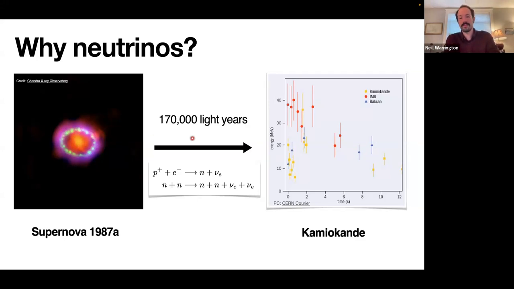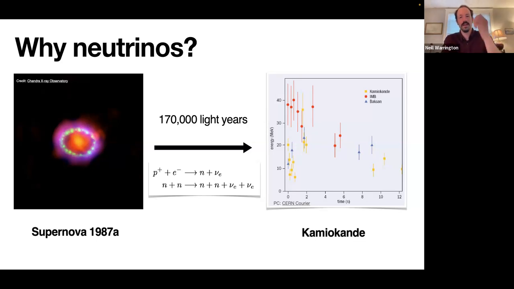And the first thing that happened after this supernova blew up was Kamiokande, which is a giant water-filled tank that is a neutrino detector, flashed. So what we're looking at here is basically the life of the detector. It's just sitting there, detecting neutrinos all the time. And over a 12-second window, Kamiokande, which are the yellow points, saw 12 neutrinos.